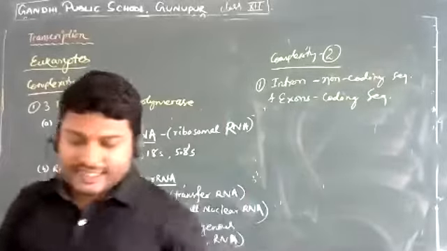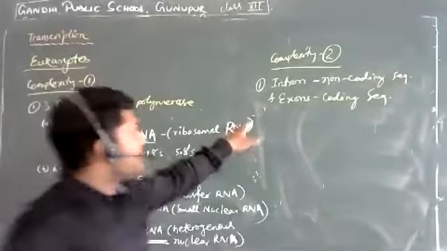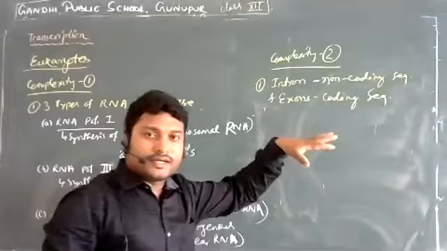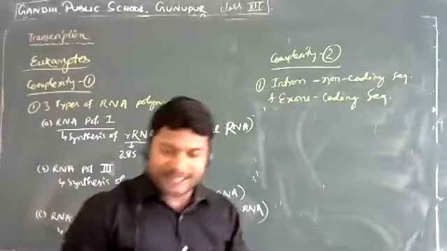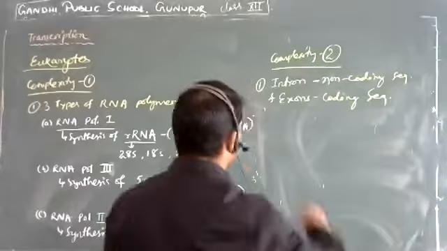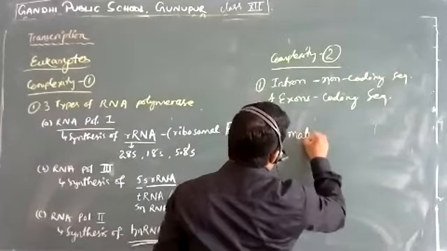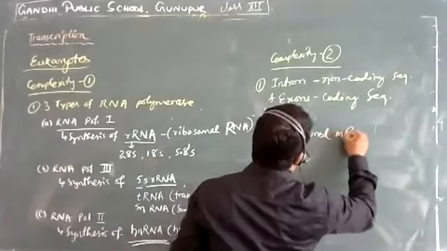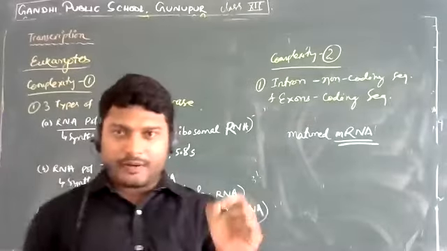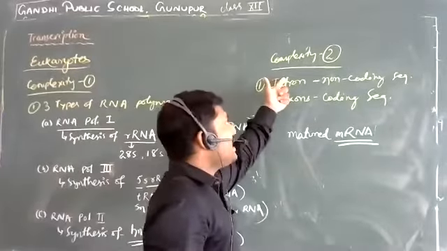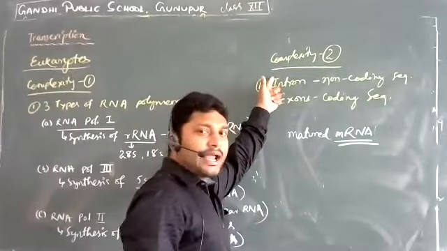So in this case, what happens? These introns need to be removed before the exons can be joined to give us the final matured mRNA. And this matured mRNA is formed from the primary transcript.